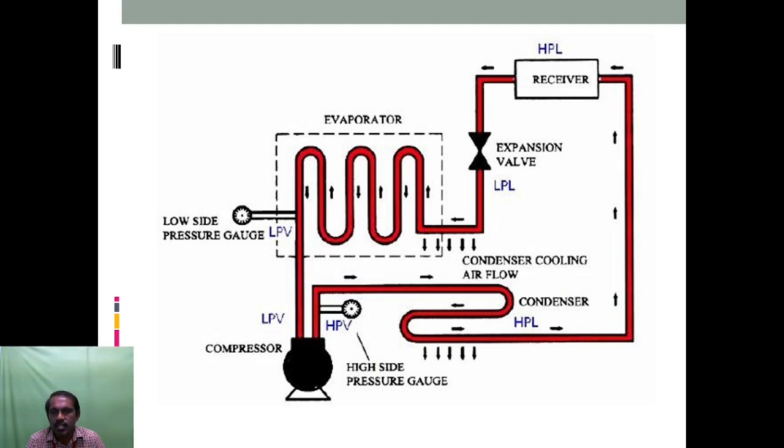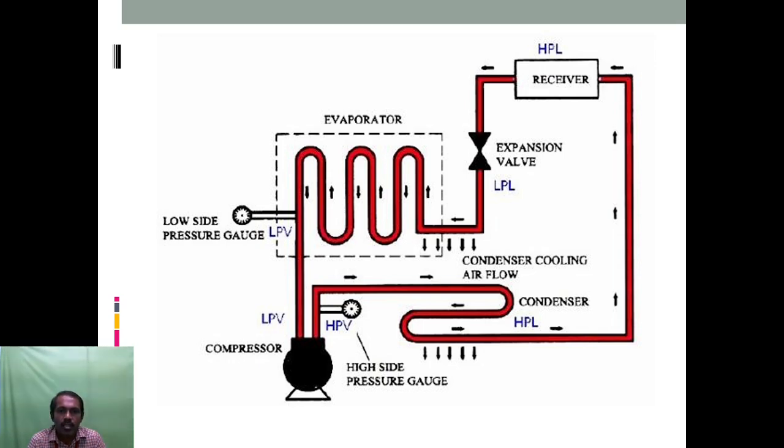Then this goes to the evaporator. The evaporator is one type of heat exchanger. It operates with air flow. Here the low pressure, low temperature liquid evaporates, and the heat is released from the system.